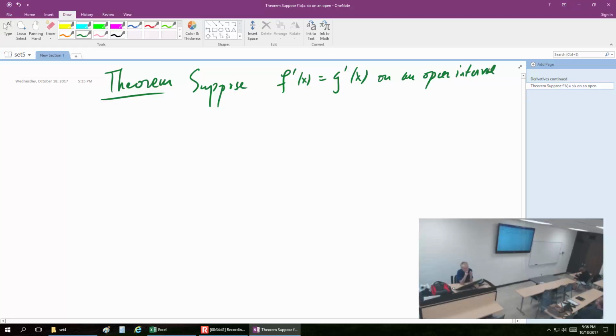So once again, we don't compare derivatives at one point. We have a whole interval. Without it, the mean value theorem won't apply. On the whole interval, the functions are differentiable and the derivatives are equal. Then the conclusion is that f and g differ by a constant.